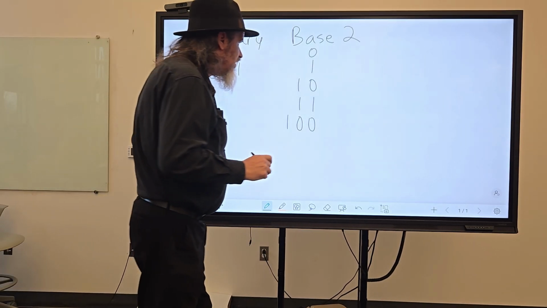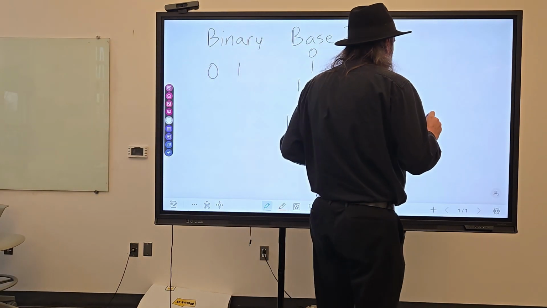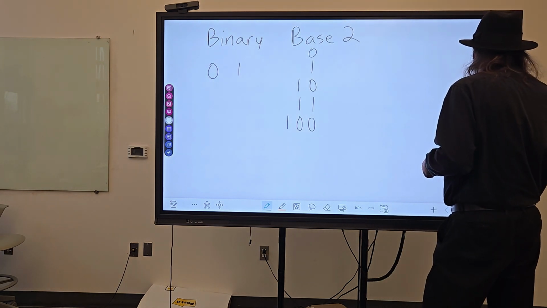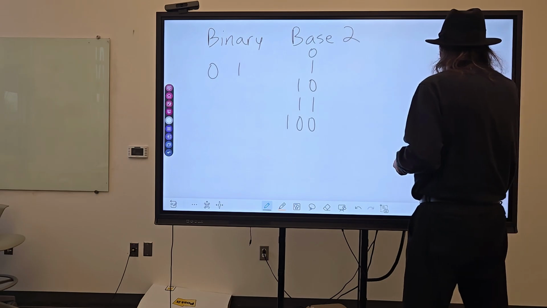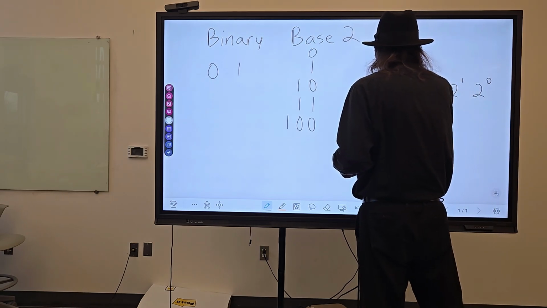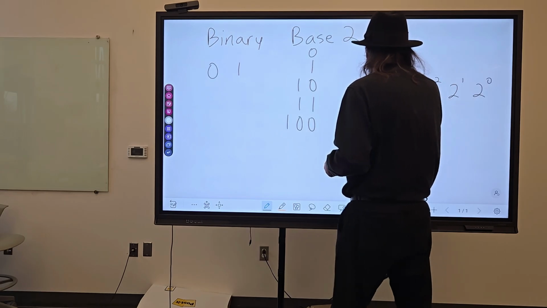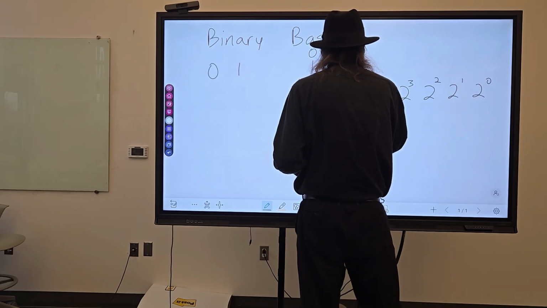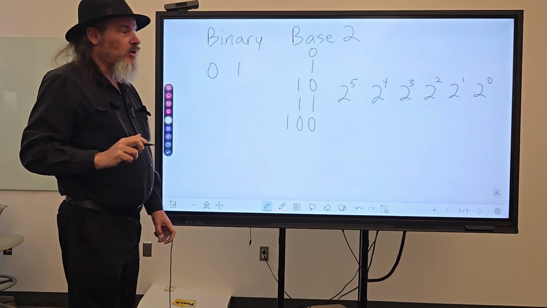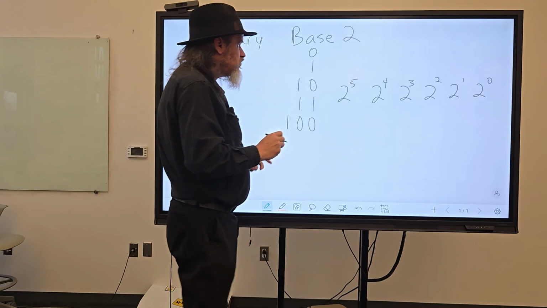Now the places, very important to remember these. 2 to the 0, 2 to the 1, 2 to the 2, 2 to the 3, 4. Just like with base 10, only with the base of 2.